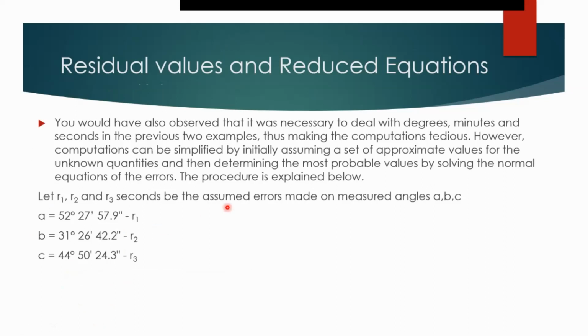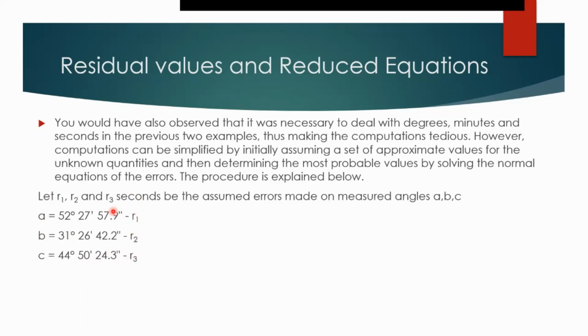Now, let's talk a little bit about these residual errors, right? Now, in this case, let's say the residual error for a measurement A for most probable value is minus R1. Like that, let's allocate 3 residual errors for these measurements for A and B and C: minus R1, minus R2, minus R3.